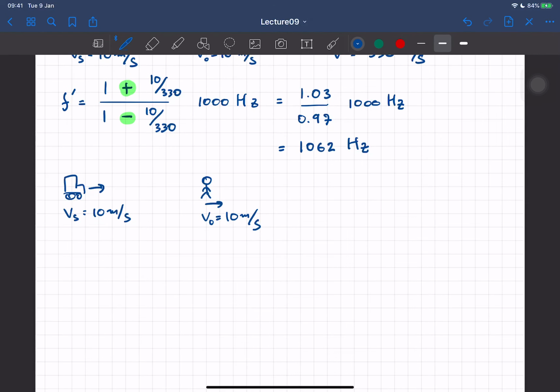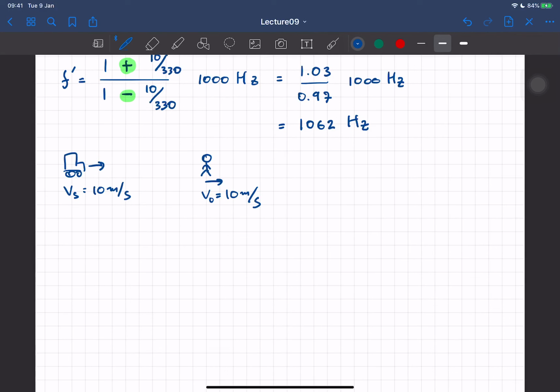So we can use the same formula and then try to calculate the frequency. You're gonna see that in this case, the factor actually gonna cancel out, because the difference here is you flip the sign of the velocity of the observer. So now it's gonna be minus, because moving away from the source is gonna make the frequency lower.